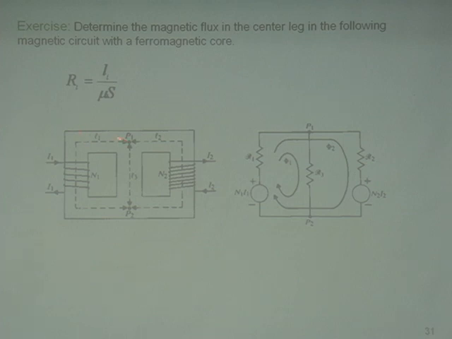So first define the magnetic reluctance of each section, cutting it into 3 sections: the first section, second section, third section.